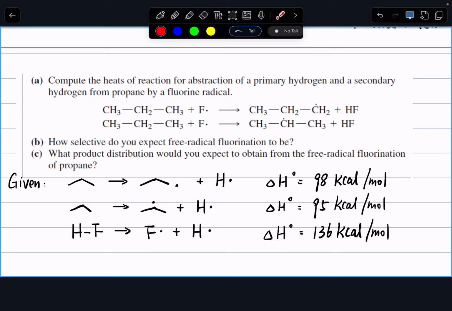Right, so 75% abstraction of primary CH, 25% abstraction of secondary CH. So we're predicting the actual products that will become the primary to be 75% and secondary to be 25% based on the probability itself.